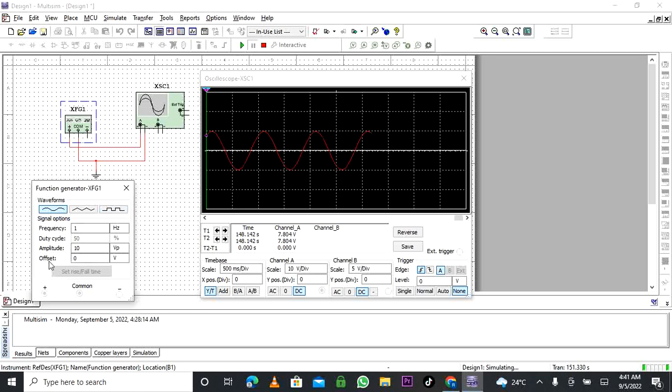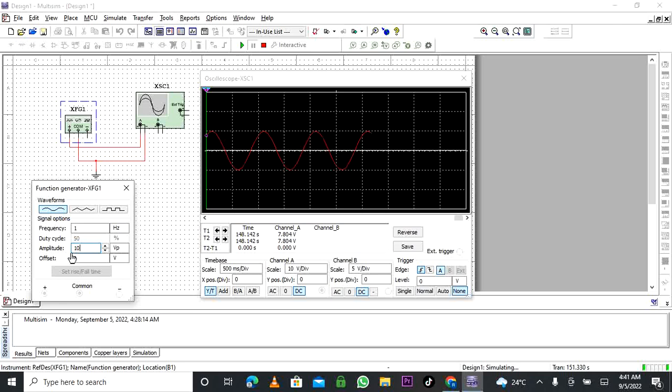The frequency we can change here to, let's say, double. And now you can see the wave oscillating at twice the frequency.